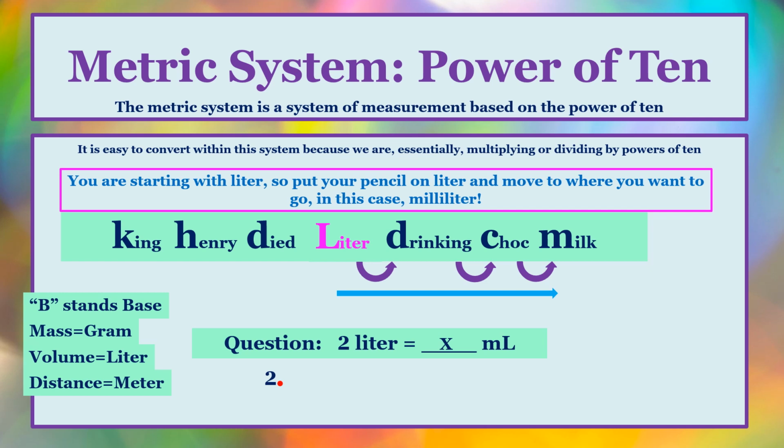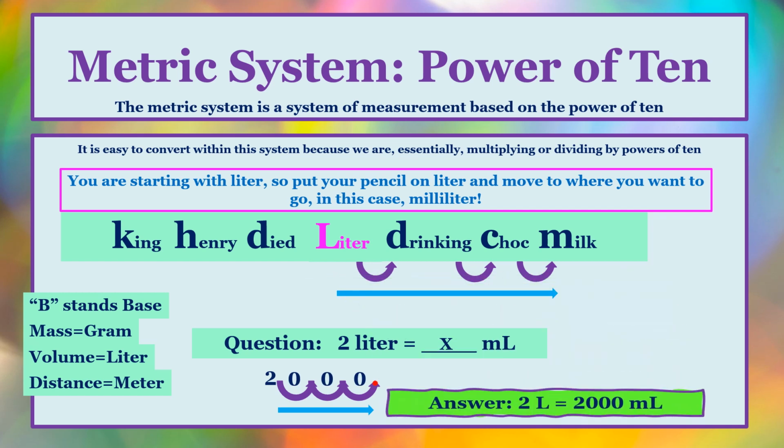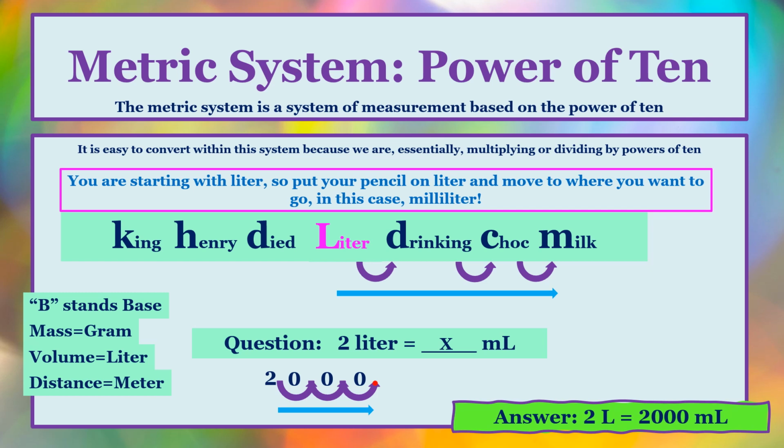And remember, this was a whole number. It didn't have a decimal. It has an implied decimal at the end. If you have a whole number, just put a decimal at the end. And since we went right up here with our arrows, we're going to go right with our decimal. 1, 2, 3. We have empty nest, put eggs in it, so we know that 2 liters equals 2,000 milliliters.